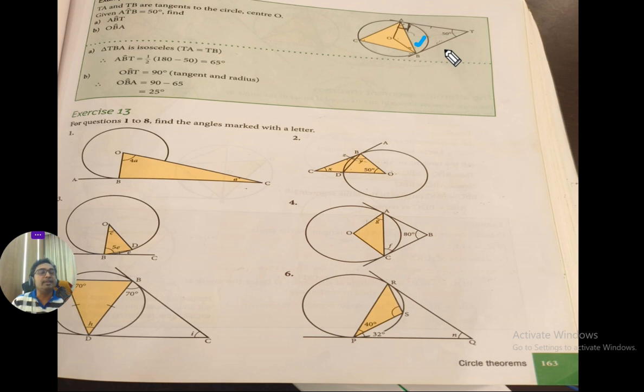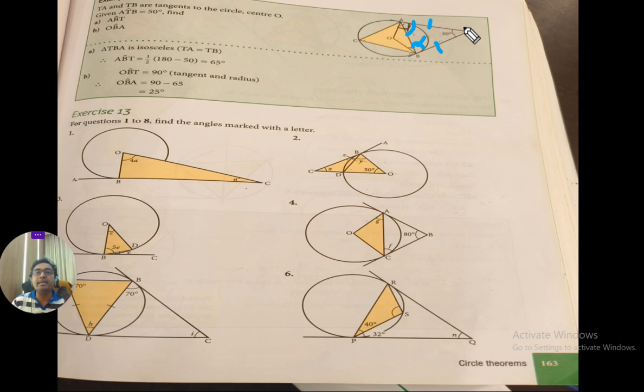Now this angle we need to find it out. Which one? TBA. Now TA is equal to TB. If TA is equal to TB, then ATB is an isosceles triangle. If ATB is an isosceles triangle, so this angle and this angle are equal. Which one?